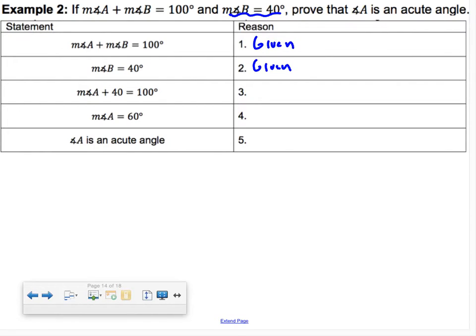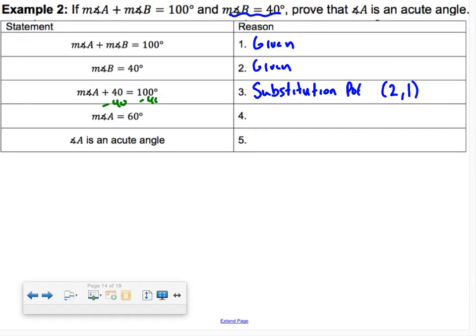And then we have this substitution. It's a substitution of line 2 into line 1. I'll let you take a look at that and see if you realize what just happened. The next one, the 40 disappeared. How did it disappear?